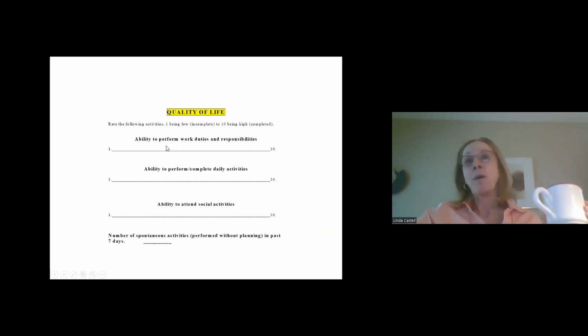And then the quality of life assessment that I do is very, very simple, because I want my patients to be compliant. I don't want to make things difficult for them. So, on a scale of 1 to 10, how hard is it to do your work duties, your daily activities, your social activities, and the number of spontaneous activities you performed in the past 7 days.